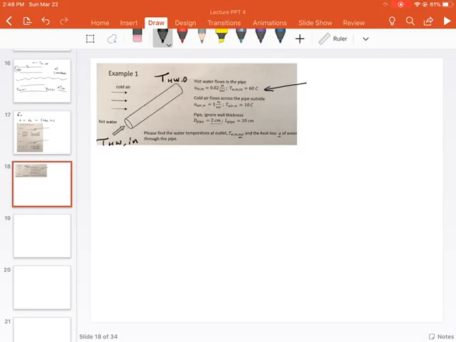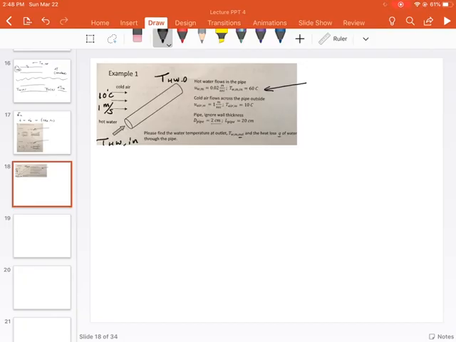And we know the cold air velocity and temperature. So this is 10 C and 1 meter per second. And we also know the velocity of the water and the diameter size of the pipe.